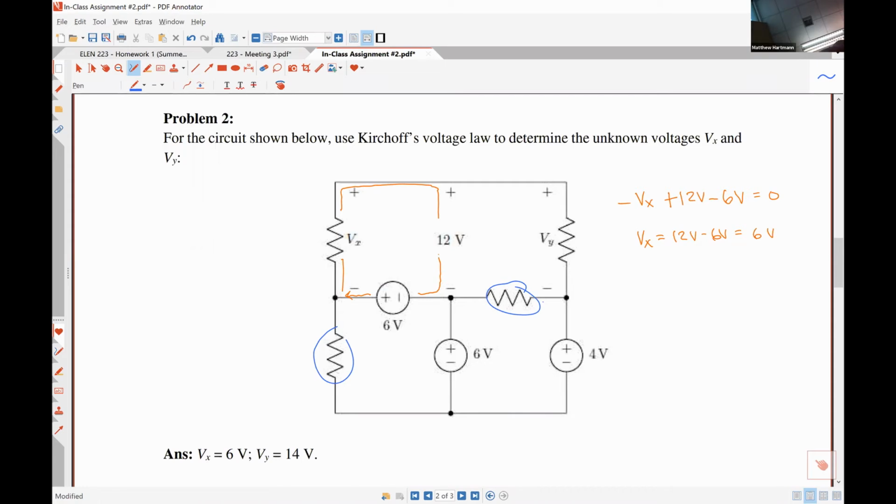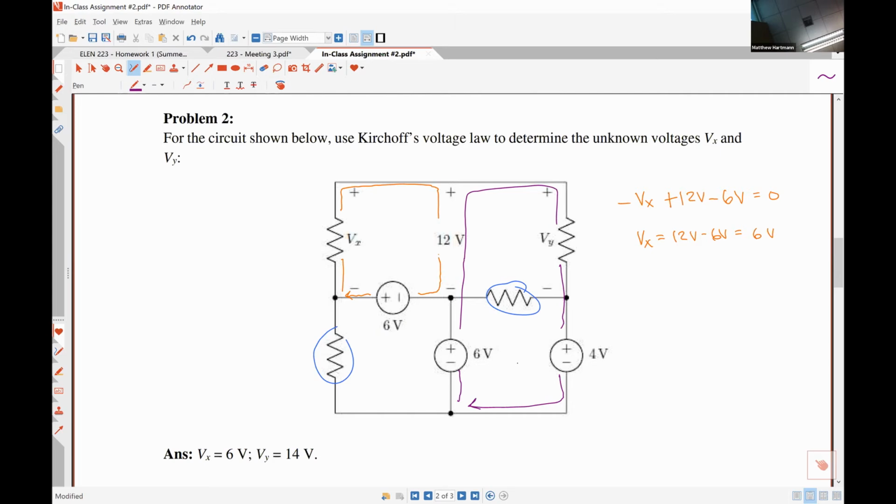But I'm trying to make my analysis as simple as possible, so if I can skip those, it'll be easier. The path that I'm going to choose is this one, because it avoids that unknown resistor voltage in the middle.